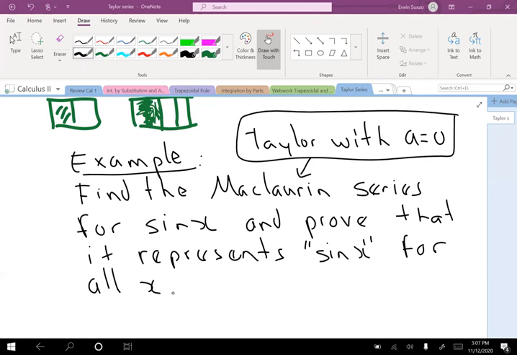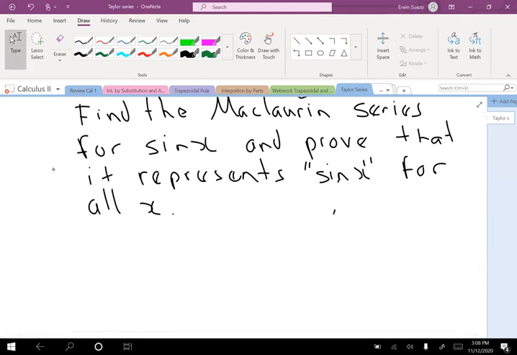Okay, so let's do it together since I only have 8 minutes left. So it's really not that complicated. This is so powerful that it becomes easy. So what I want to do is represent sine of x as a series, sum of Cn x to the n, a Maclaurin series.